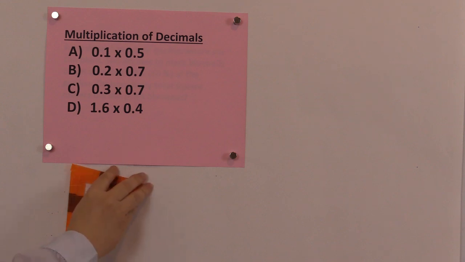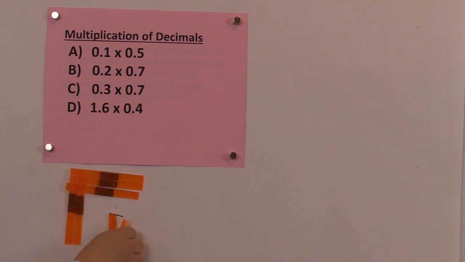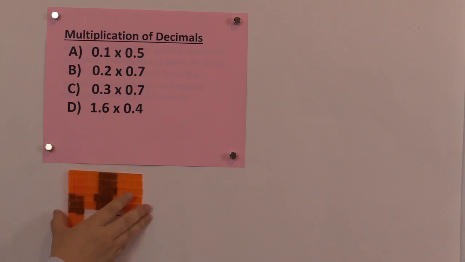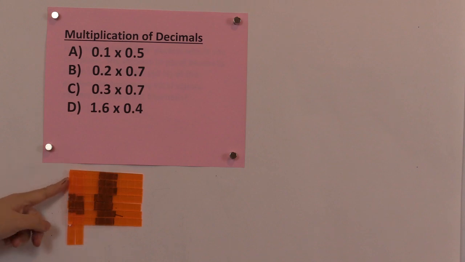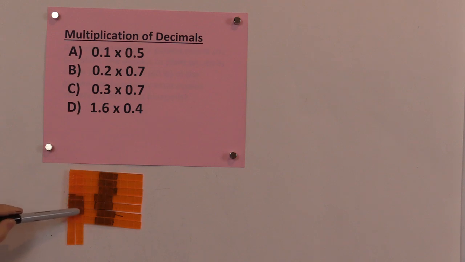So I'm gonna have 7 of this here. 1, 2, 3, 4, 5, 6, 7. Then do you see the double shaded part? I'm not sure if it's showing clearly or not, but the double shaded part is in here. So I have 1, 2, 3, 4, 5, 6, 7, 8, 9, 10, 11, 12, 13, 14. It's going to be my answer.